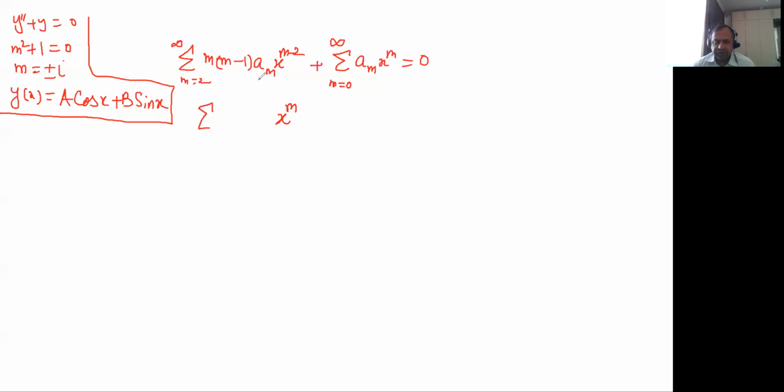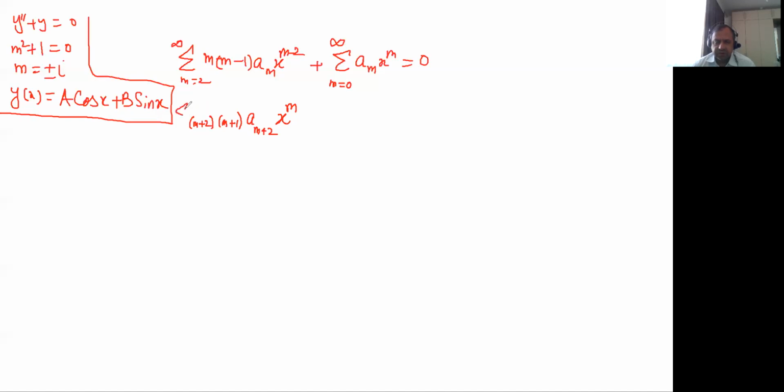So similarly, its coefficient will also be increased by 2. So it will be a_(m plus 2). And these values will also be increased by 2. So m minus 1 will become m plus 1, and m will become m plus 2.